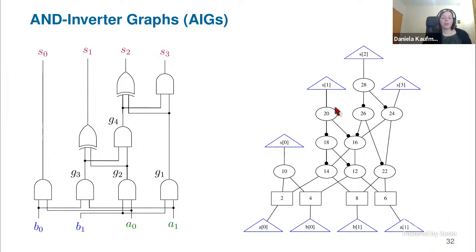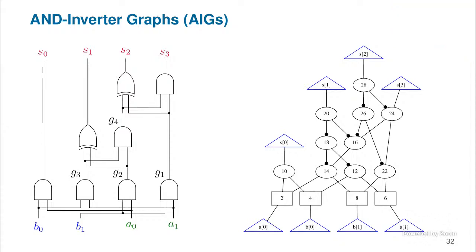And for the XOR gates, we need a couple more of the AND gates. But the reason why we are using it is that it's very easy to deal with, and it's actually a standard format to represent hardware circuits.